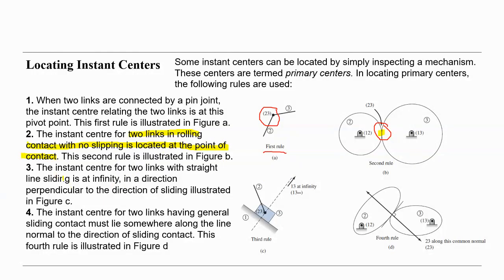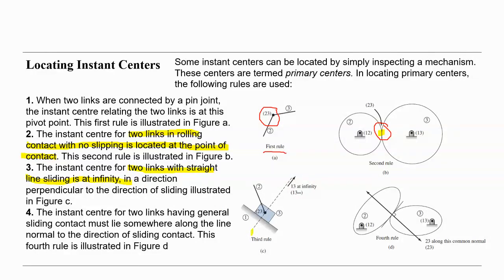And third, the instant center for two links with a straight line slider, like this here, figure B, is at infinity.